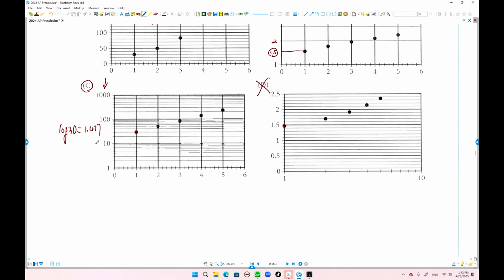When you put this in the xy plane, it is linear. This is log y. When this is 1, this is 1.477. When you make the line over here, it is a linear line, looks like this. This is a semi-log plot.